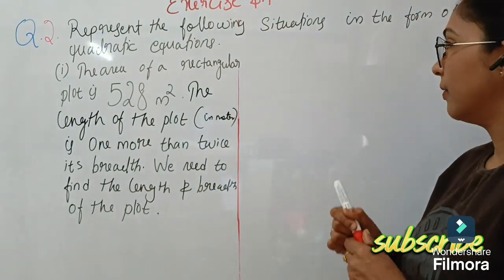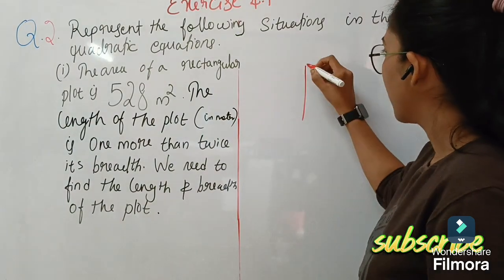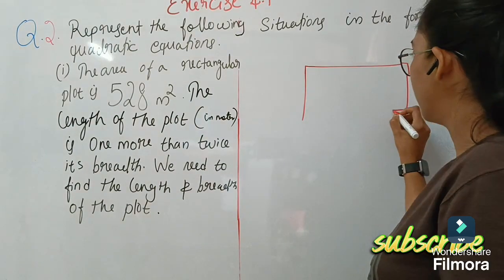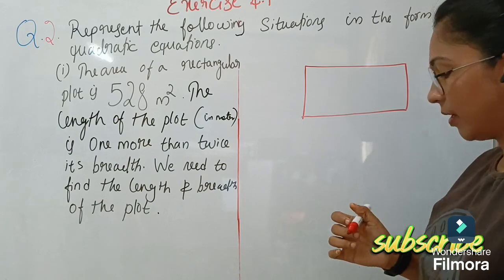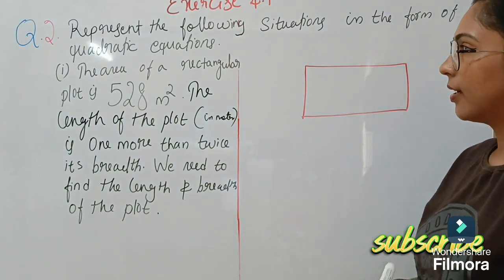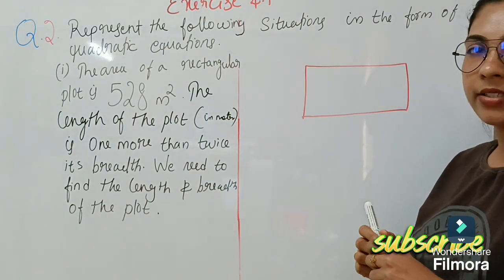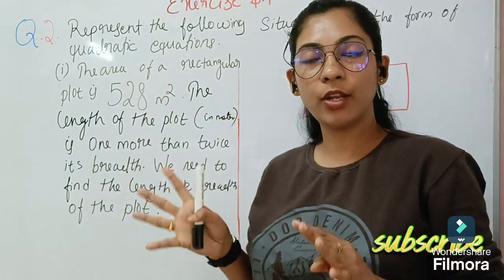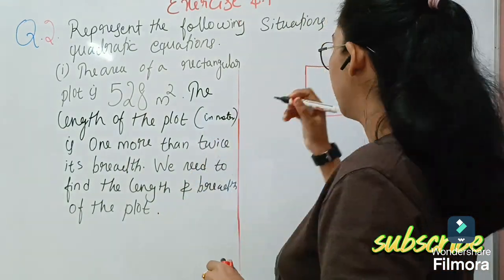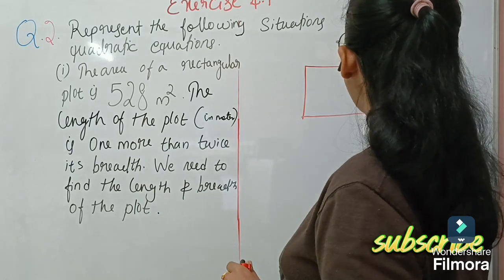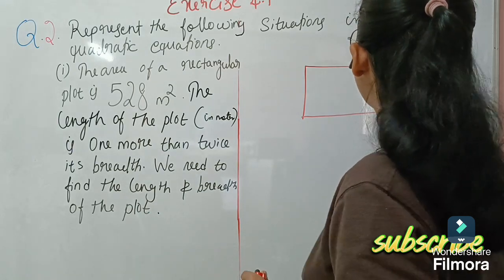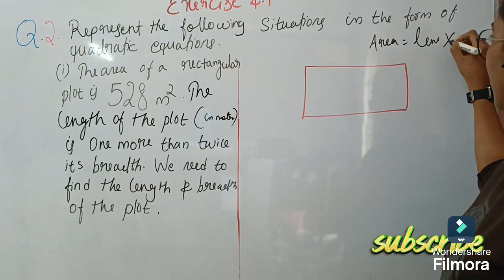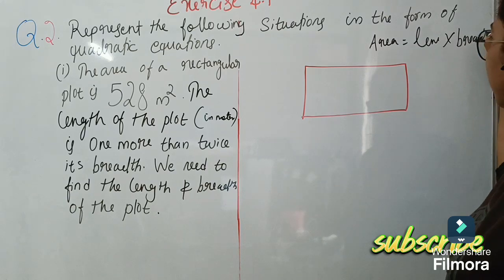So dear children, first we have to draw a simple rectangle like this. The first hint is the area of the rectangular plot is 528 meters square. We know that area is equal to length into breadth.